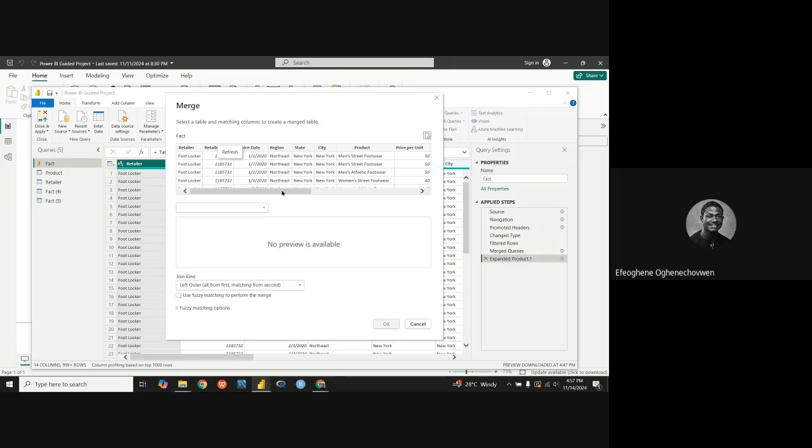So this is my fact table, so I can scroll over and see what's in it. We still have the retailer ID here. So I want to create a new one because I'm no longer using this retailer ID. So I'm coming here to my retailer because I want to link this dimension table to the fact table. Click on retailer, so it shows me the table I just created.